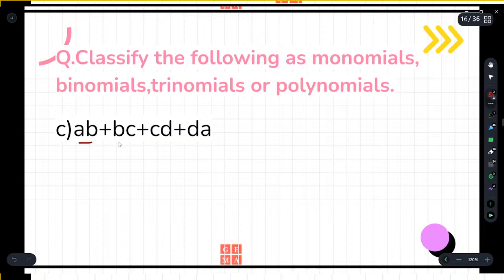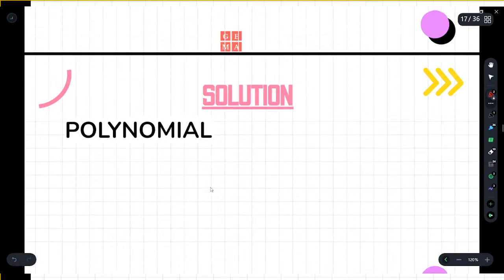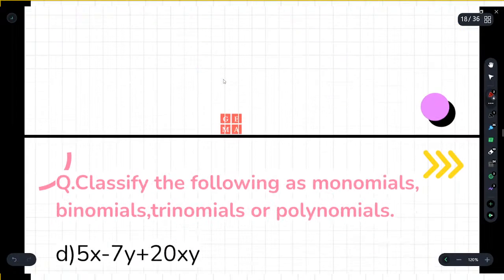So ab plus bc plus cd plus da. Yeah, how many terms has it got? 1, 2, 3, 4. It has got 4 terms in it. That means it's a what? Polynomial. Yeah, it is a polynomial because it has got more than one term, right? So our answer is correct.